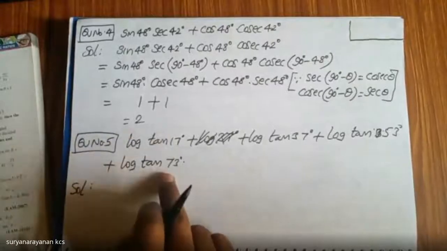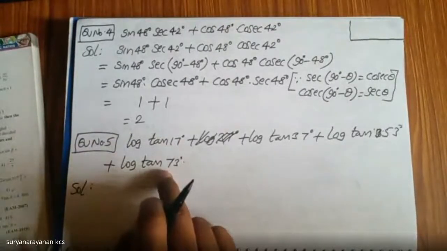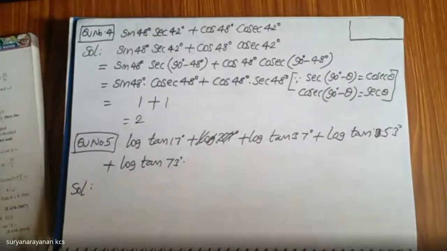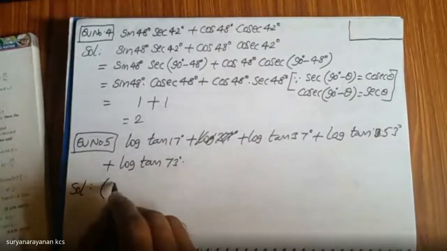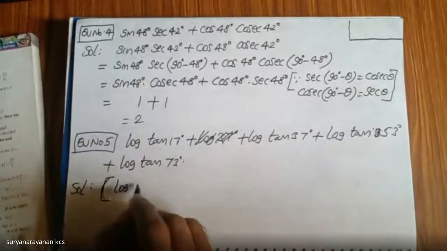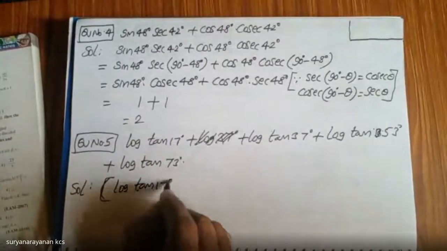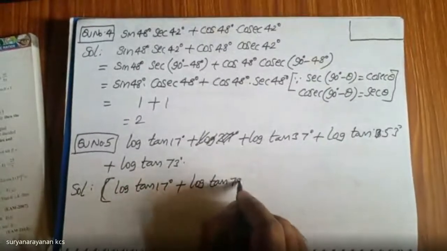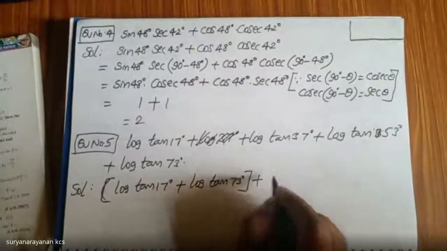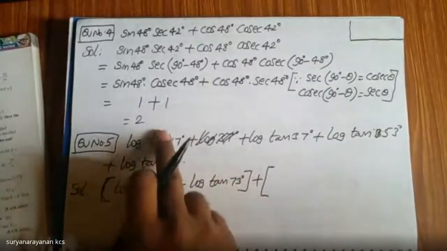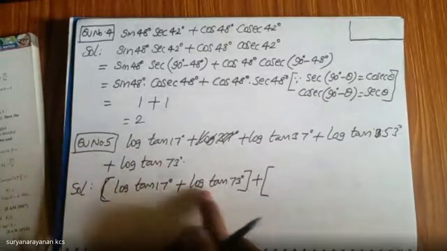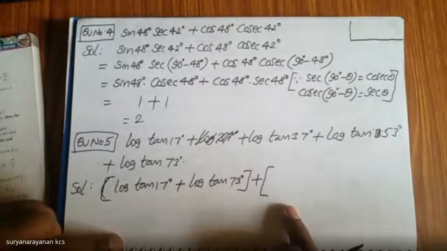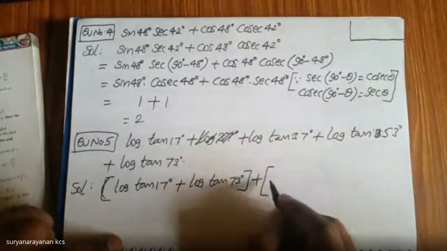First term and last term, we write these two terms in one bracket: log tan 17 degrees plus log tan 73 degrees. We are preparing a second group consisting of second and third term.